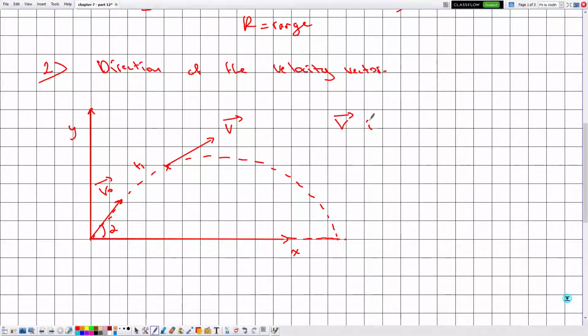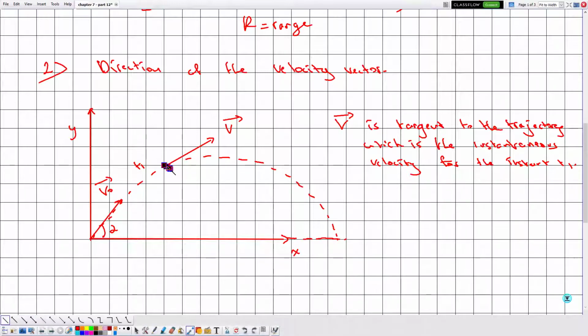V is tangent to the trajectory, which is the instantaneous velocity for the instant t1. Okay, and now we are interested in determining the direction of this velocity vector.